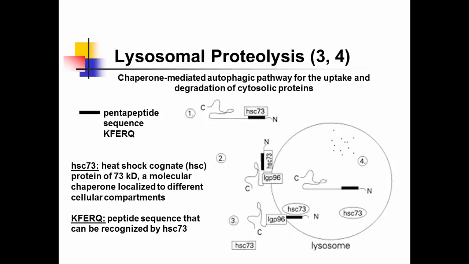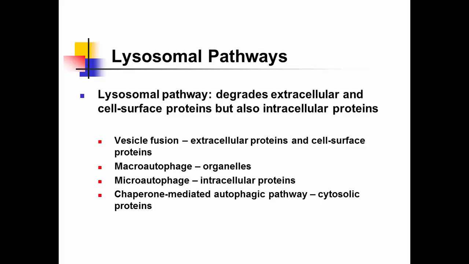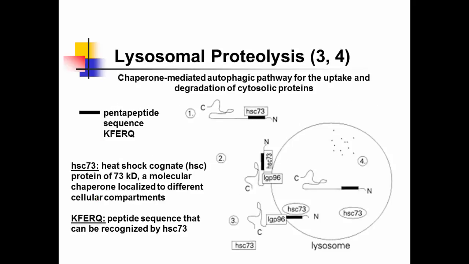Yes. So is that receptor required for the degradation of these proteins as well, as for the third type of lysosome pathway? Yes. Right. The question was whether this HSC73 protein is also degraded inside the lysosome.